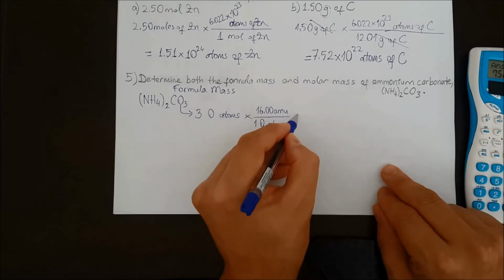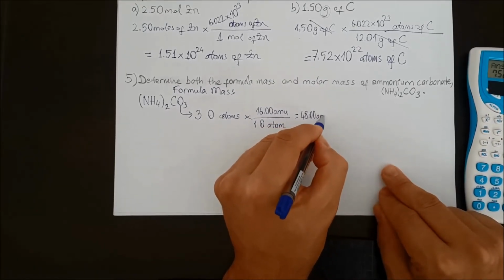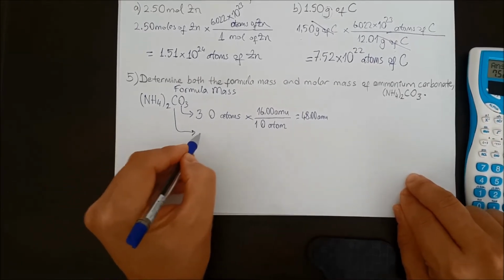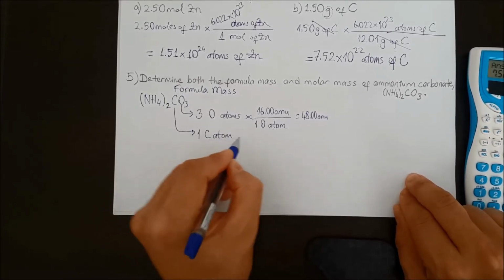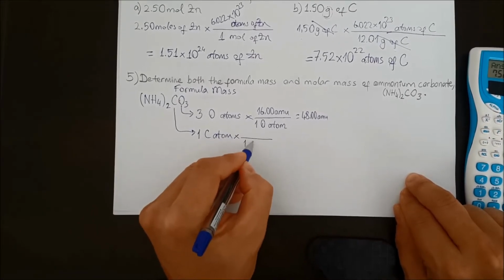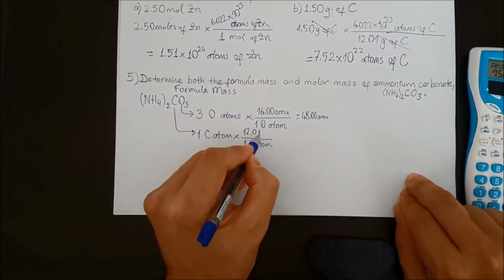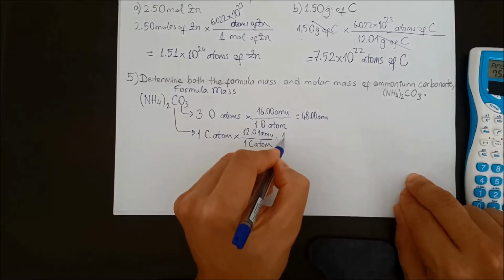Okay, and it makes 48.00 AMU. And here we go with carbon. I have 1 carbon atom in the formula, times 1 carbon atom, 12.01 AMU.